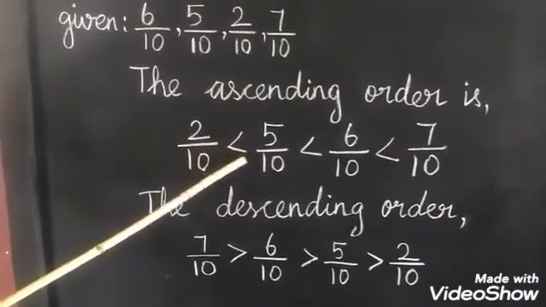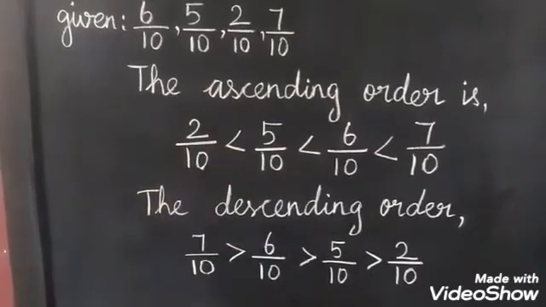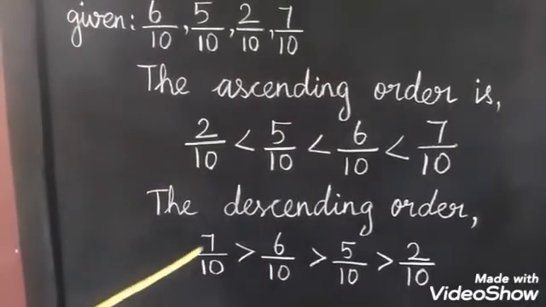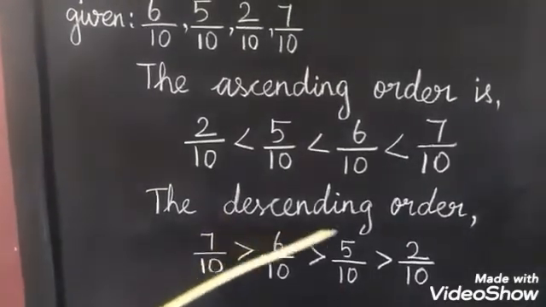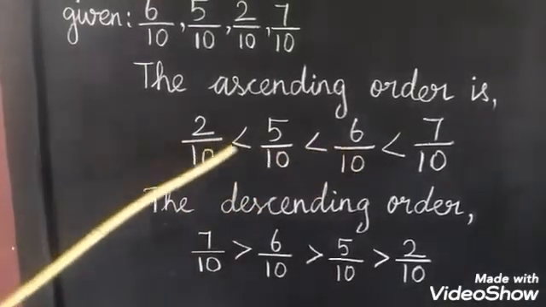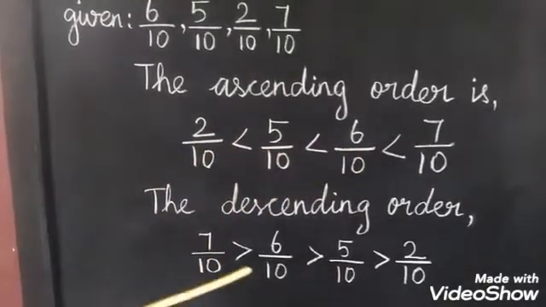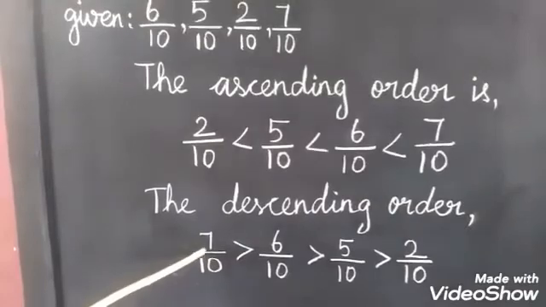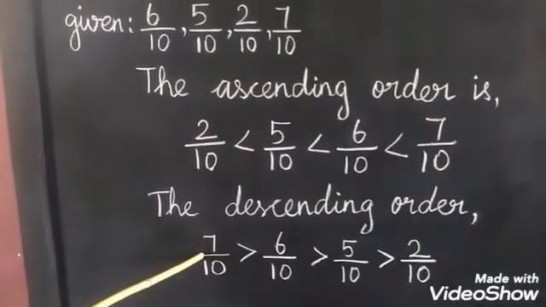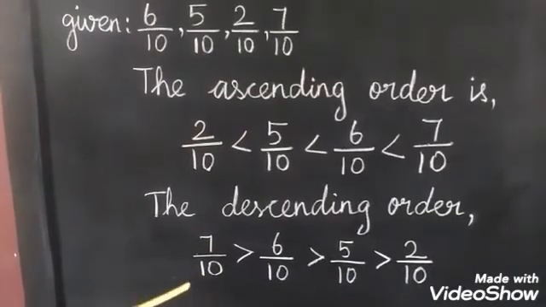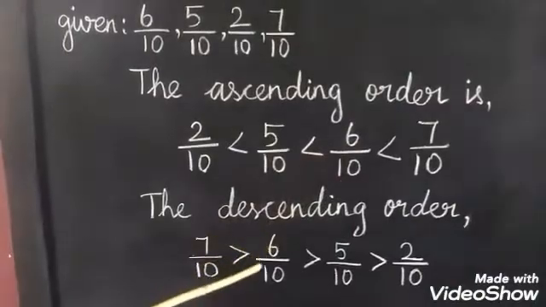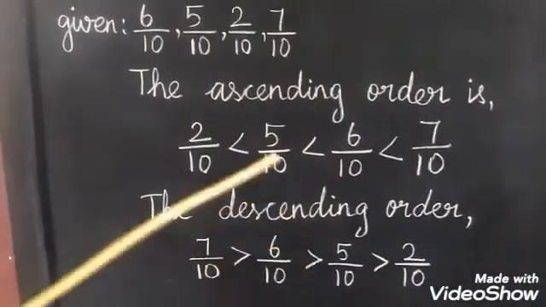Next, we have to write the numbers in descending order. See here, from ascending order, we can write the descending order easily. Now, which is the greatest number? First, we have to write 7 by 10. So, 7 by 10 greater than 6 by 10 greater than 5 by 10 greater than 2 by 10.